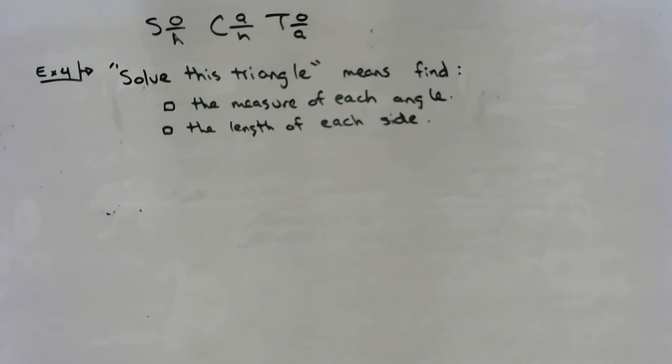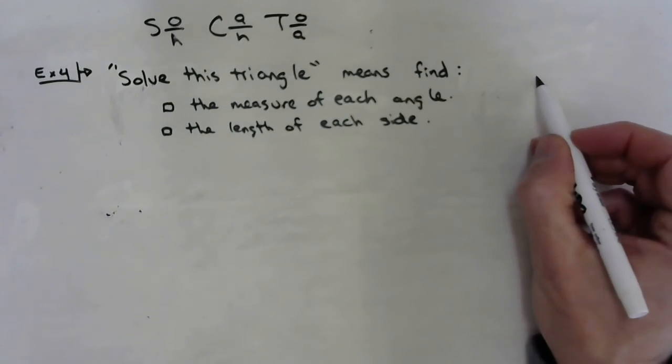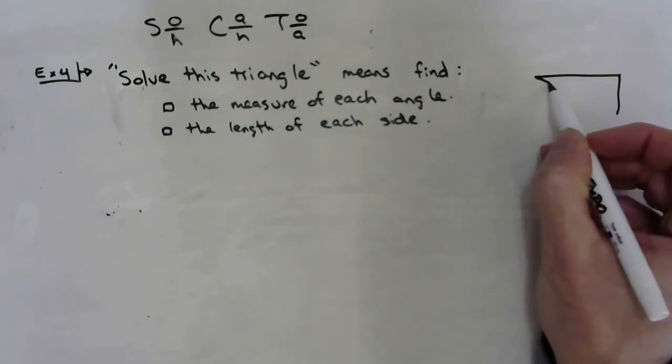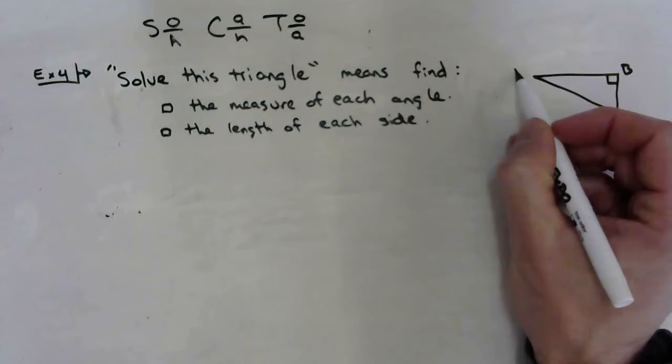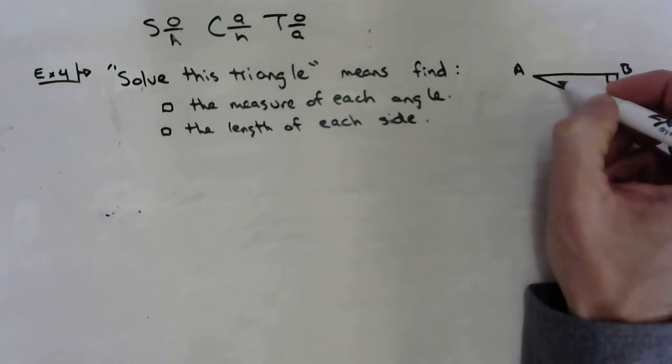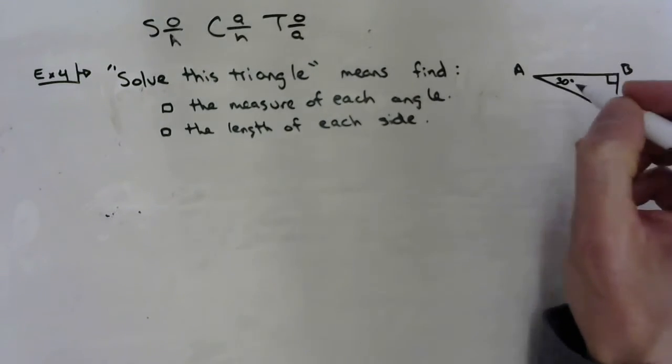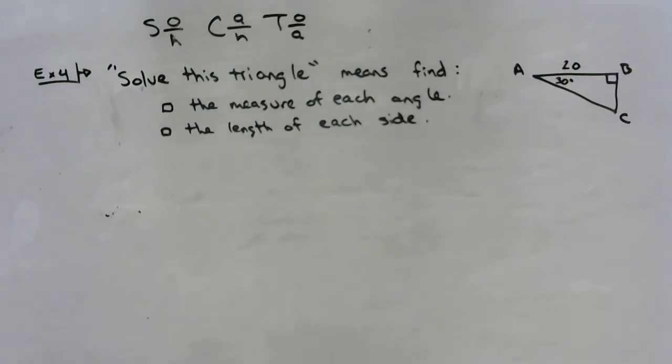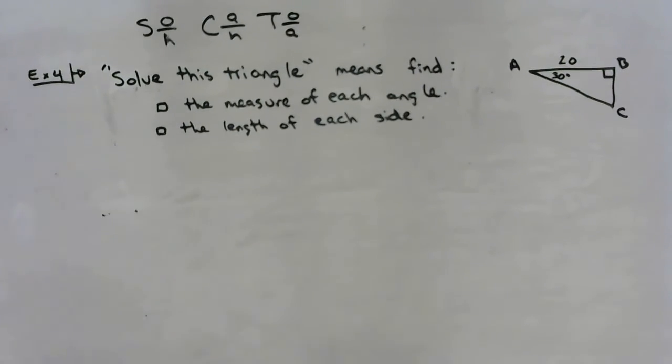So here we go. We have this triangle ABC, right angle at B. They give us some information, because without that information, you'd never be able to even start. And the information that they give me is going to dictate how I start this thing.